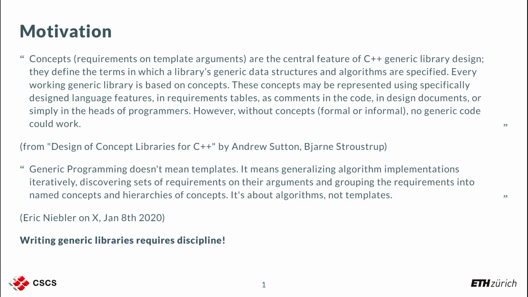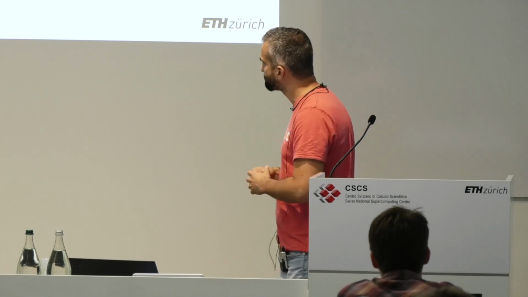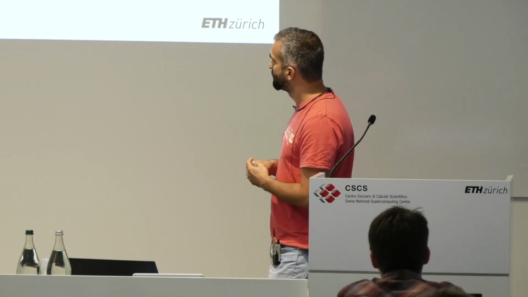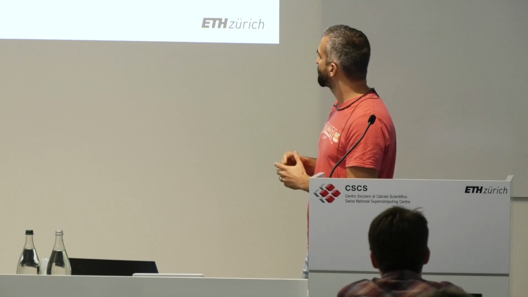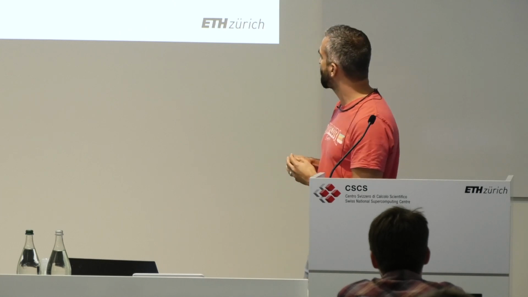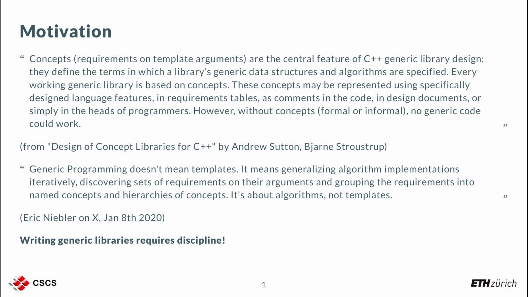I think by now maybe you understand that, but I also have, again, a very simple warm-up example. The other thing is, generic programming doesn't mean templates. It means generalizing algorithm implementations, iteratively discovering sets of requirements on the arguments, and grouping the requirements into named concepts and hierarchies of concepts. It's about algorithms, not templates.